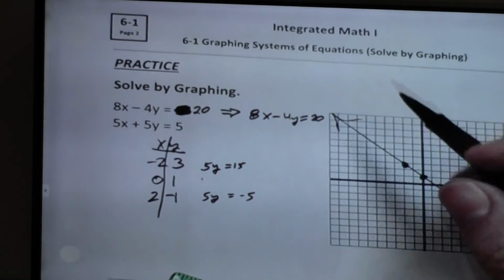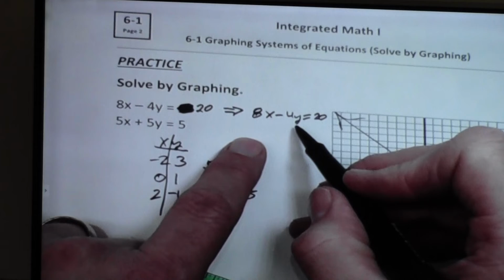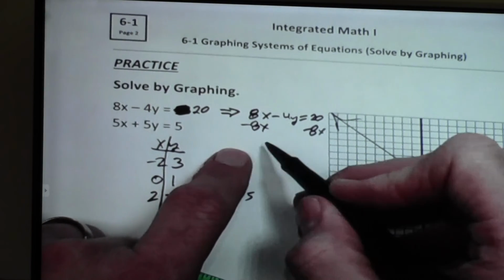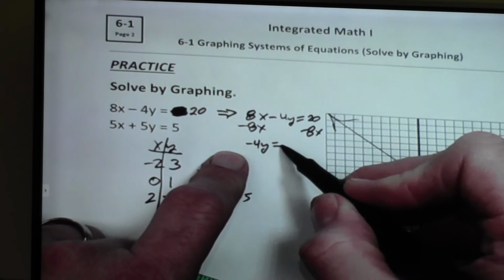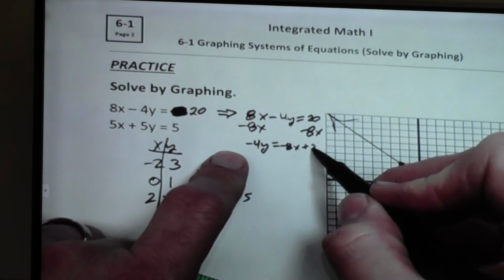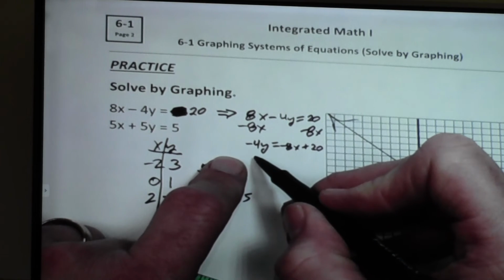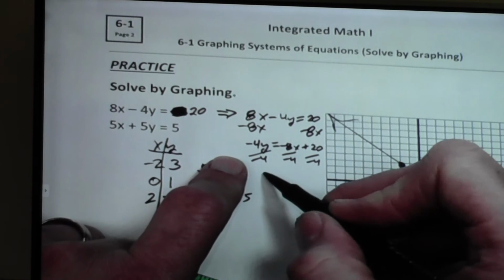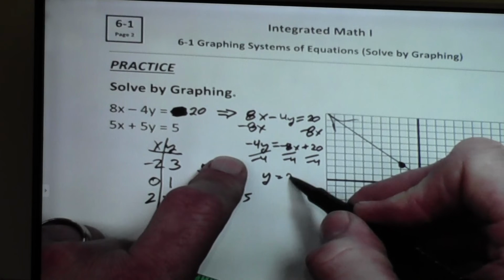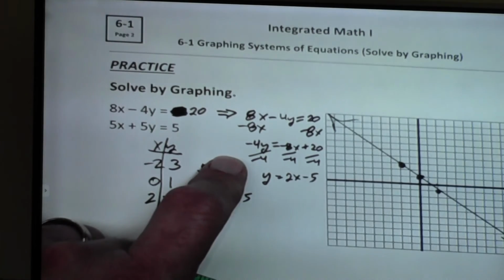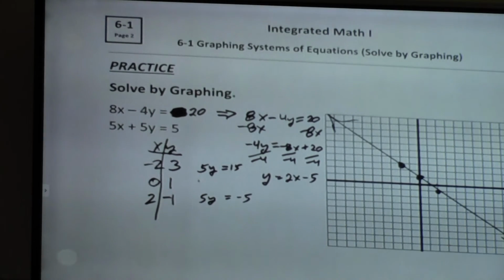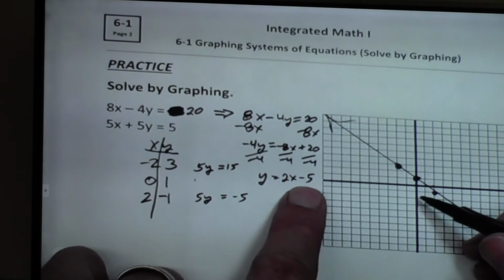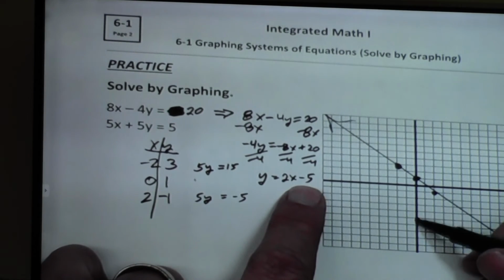And now the other one, I'm going to change this to subtract 8x. Negative 4y equals negative 8x plus 20. Divide by negative 4. Y is equal to 2x minus 5. Okay, so I'm going to come down here to negative 5. 1, 2, 3, 4, 5.